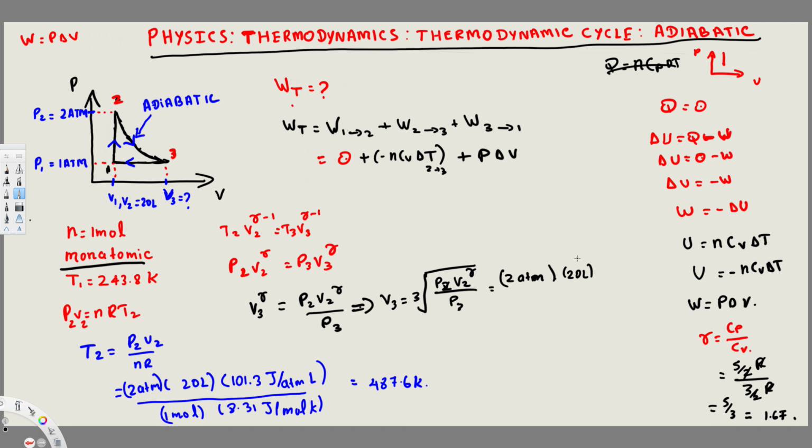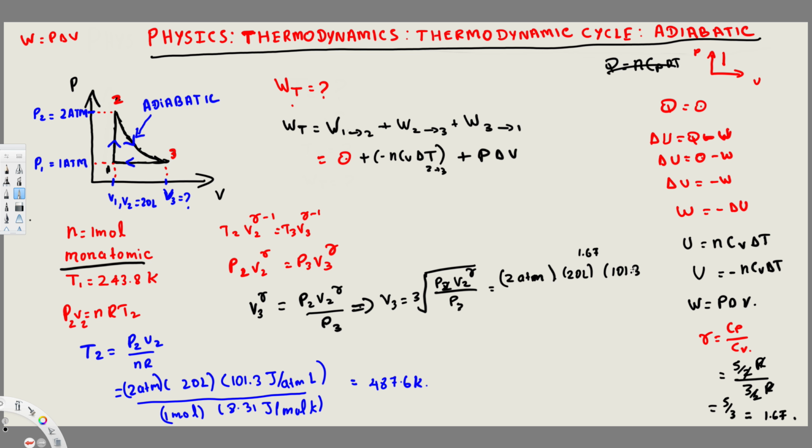power gamma, so gamma is 1.67, and then whenever we have atm liter, to convert this one into joule, we have to multiply this one by 101.3, right? So this is what we have to do.